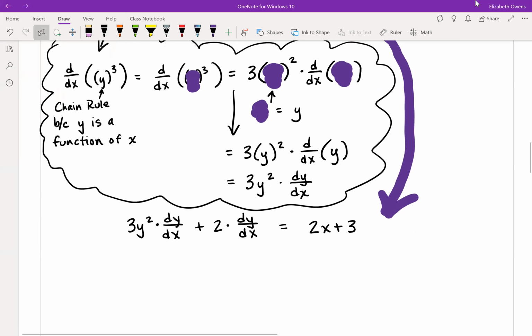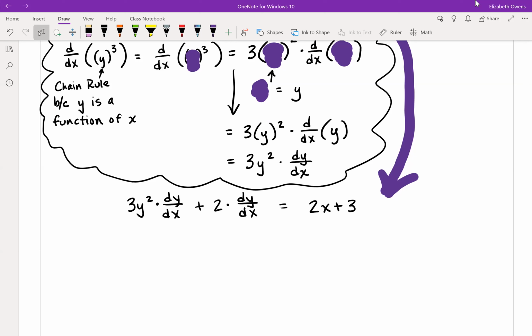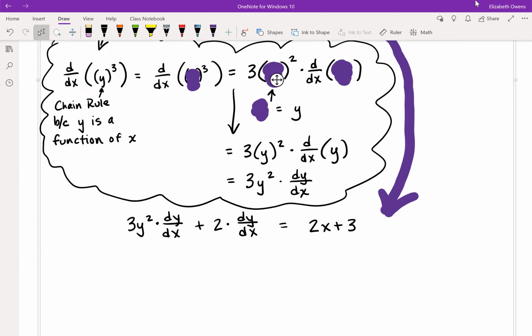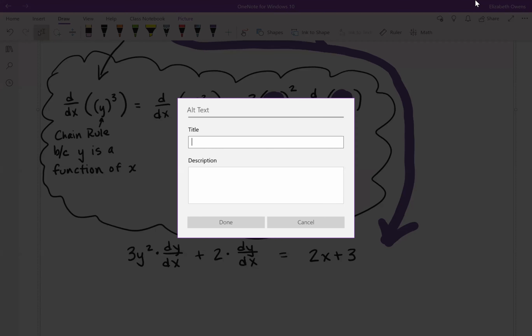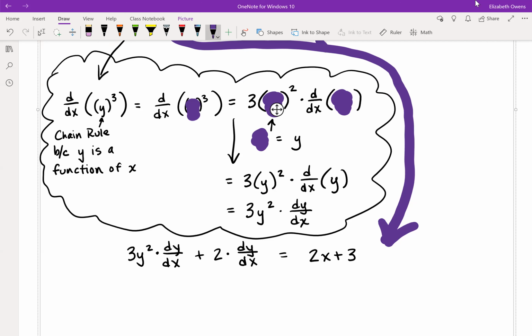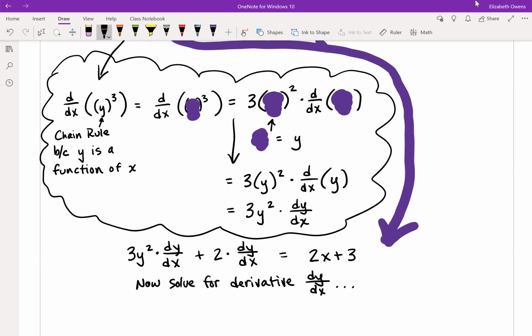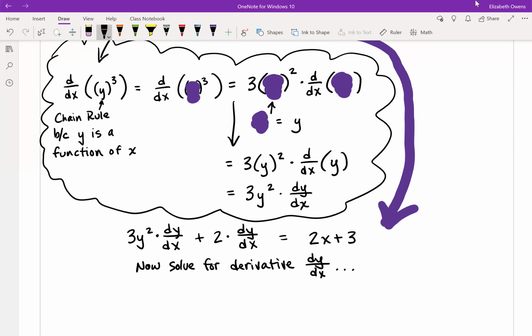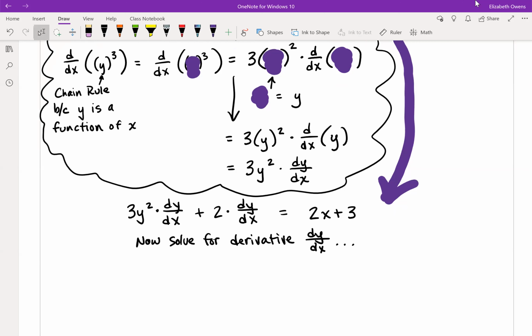Because if we wanted to finish solving this, we want to solve for the derivative dy dx. So now, solve for the derivative dy dx, and we'll see that we can factor out a dy dx on that left-hand side.